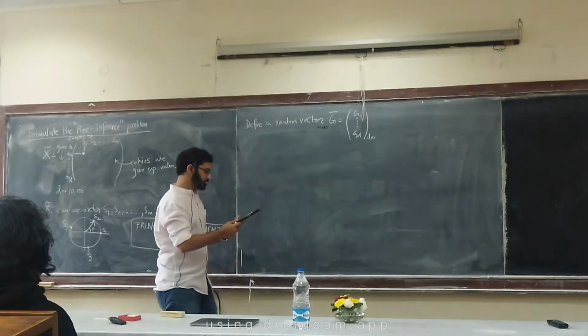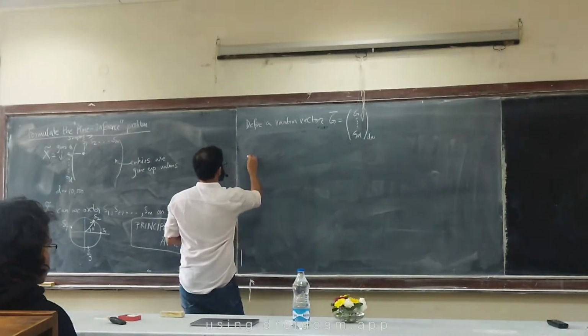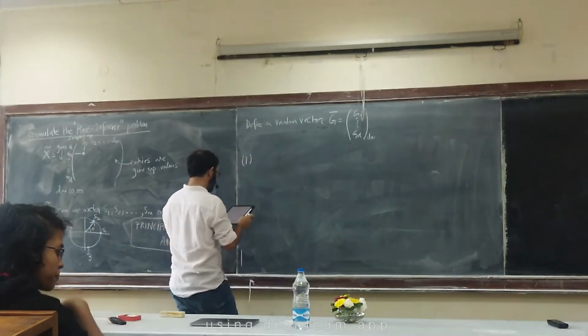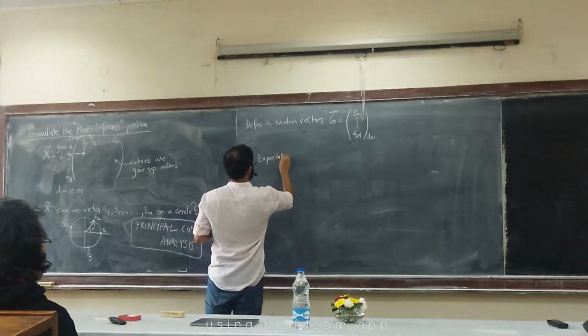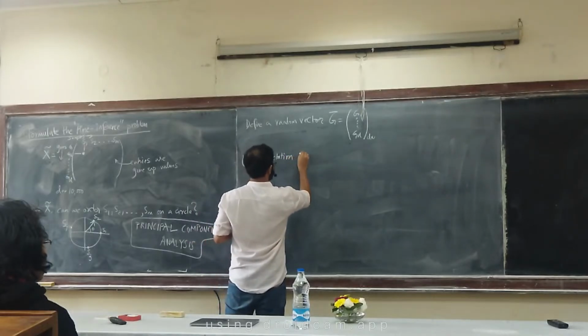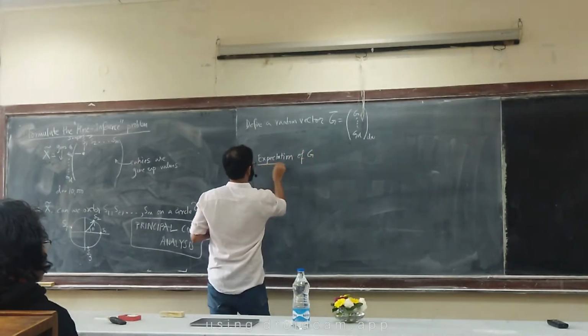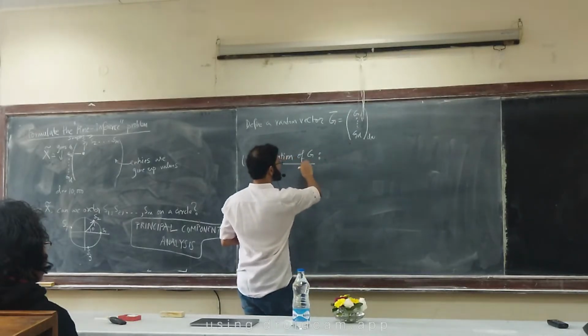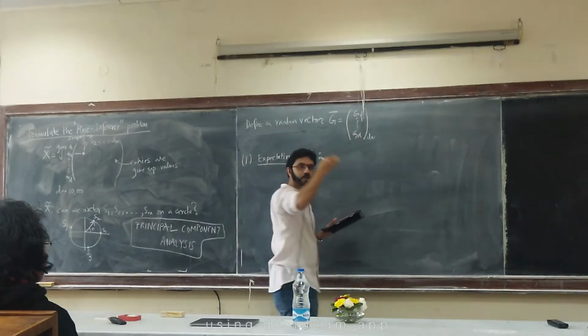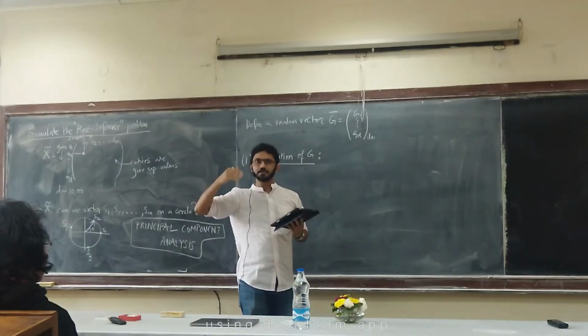The first thing that we want to define is what is called the expectation, which is nothing but the average. Some of you may have seen this nomenclature. It just means that I'm taking the average of all these measurements of the genes.